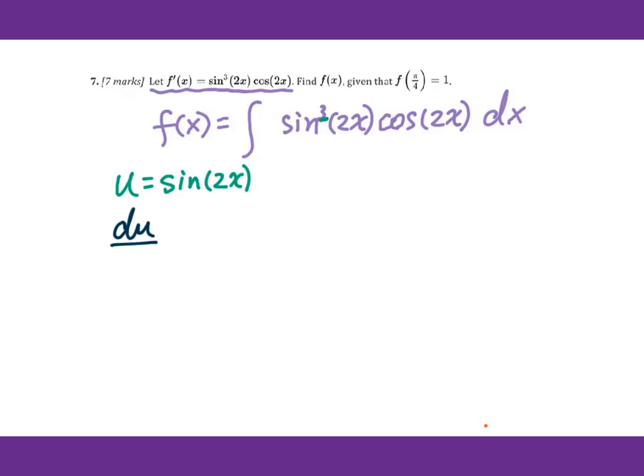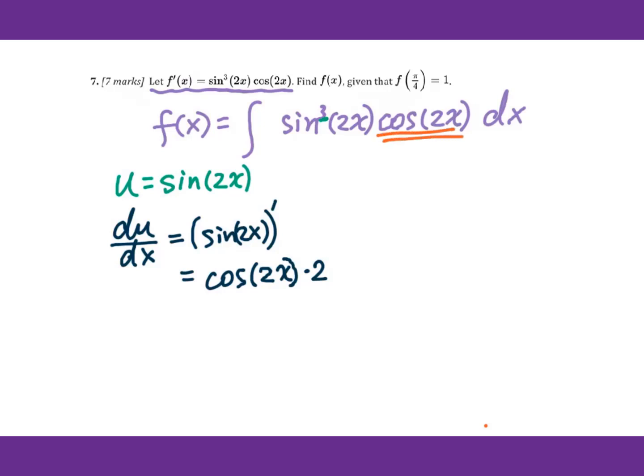And du by dx equals, we do the derivative of sine 2x, that is cosine 2x times 2. When you check back this integral, we only have cosine 2x. So we need to solve for this cosine 2x.